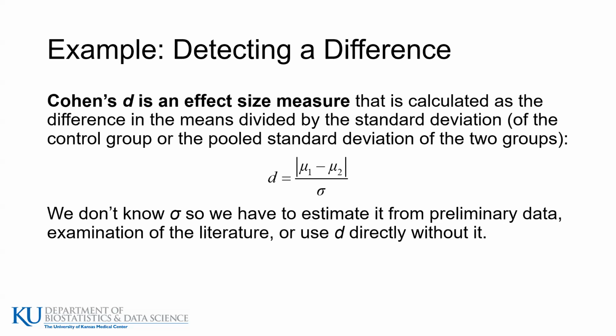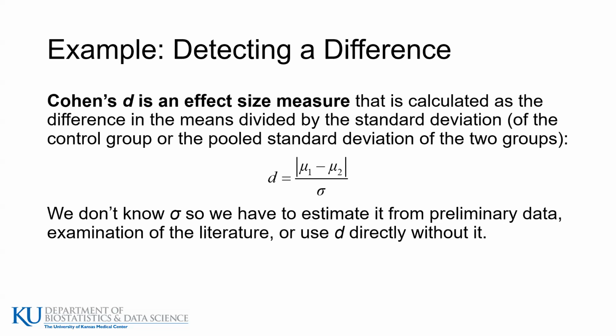This pooled standard deviation is unknown, but oftentimes we'll need some idea of what we expect it to be. So this either comes from preliminary data from a pilot study, for example, or by looking in the literature to see if there's any estimate of this, or some estimate of some similar measure.